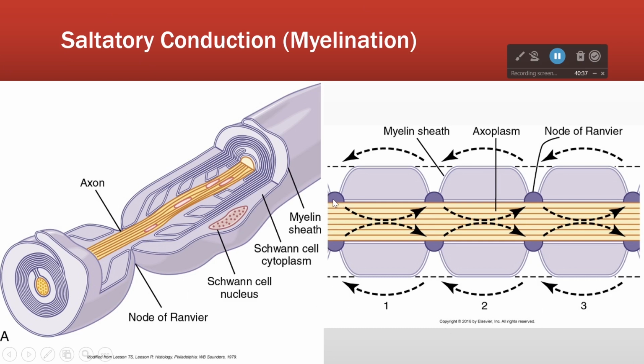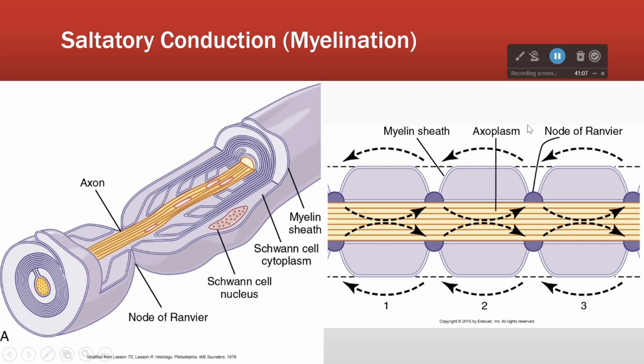Here, instead of each part of the membrane having to depolarize the next, we have a bunch of voltage-gated channels here, and here we have a bunch, and here we have a bunch. In between, not so many. So what we get is a lot of charge that flows in here that then sort of jumps across the membrane until the next node, or the node of Ranvier, which is one of my favorite words.